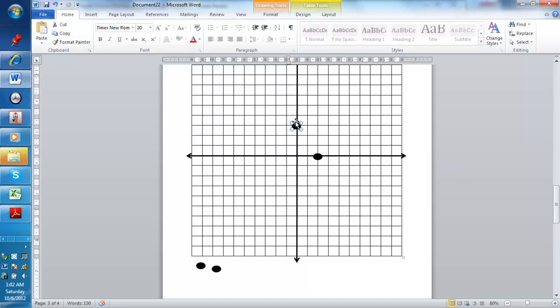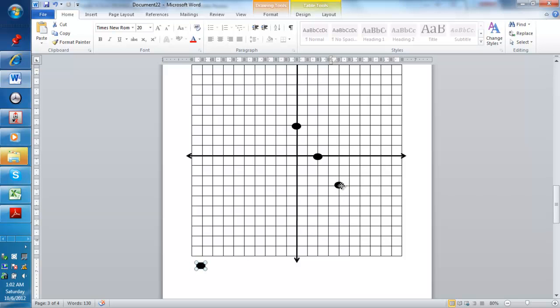So from the y-intercept, just to show you the rate, it goes down 3: 1, 2, 3, and then over 2. Again, it's going to go here. I'll grab another point just to show you. From here, if you go down 1, 2, 3, over 2, put a point there.